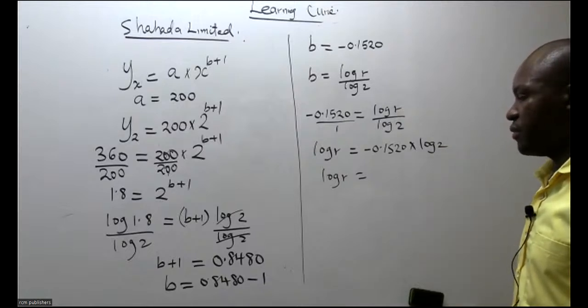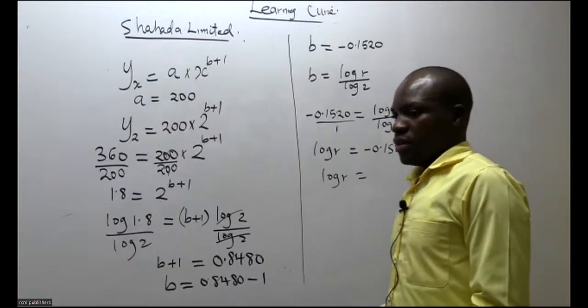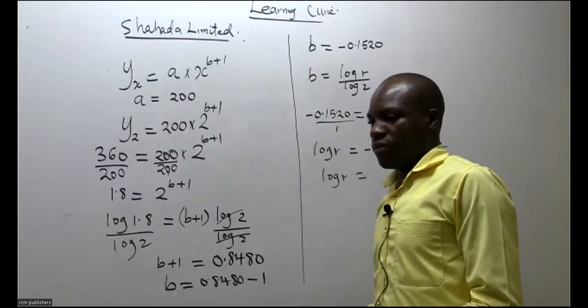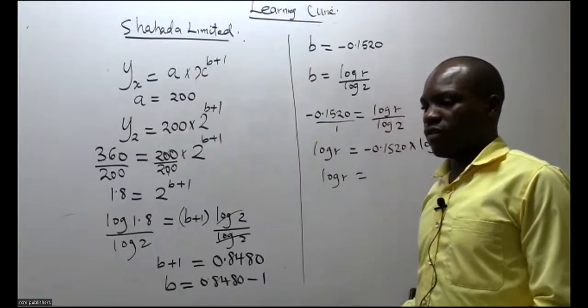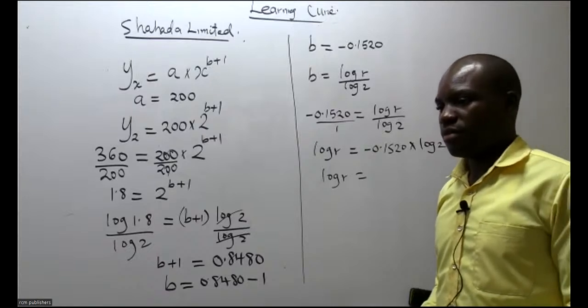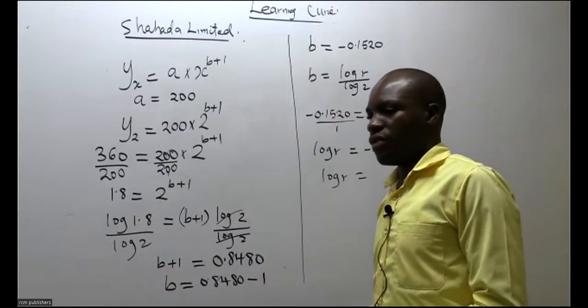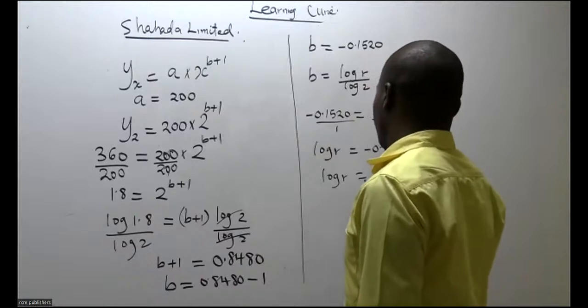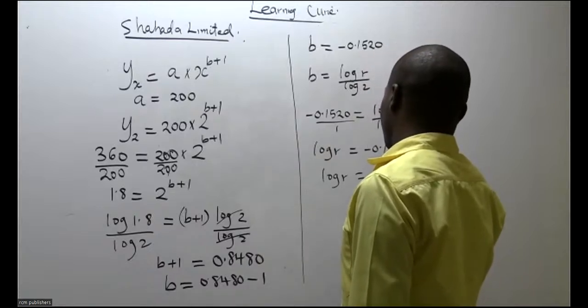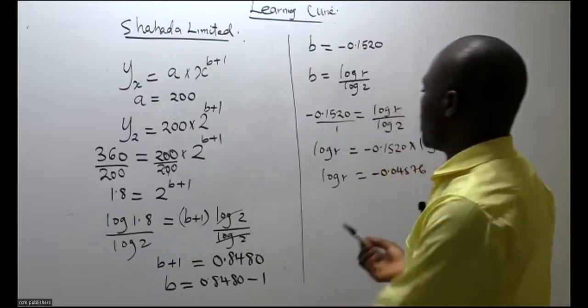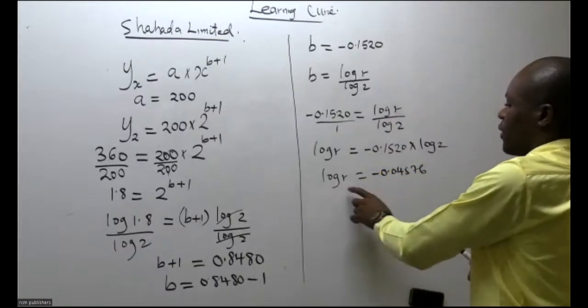What will we have? Ross has given us something there. Can someone confirm? Negative 0.04576. Good. I have log R equal to this, and I want to get R.